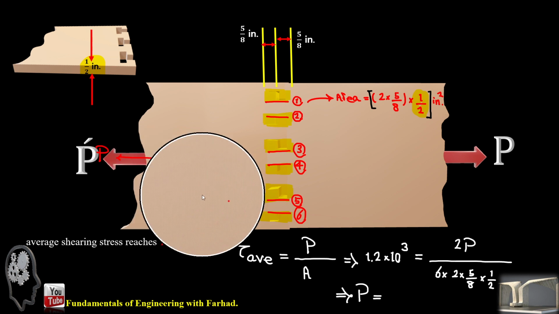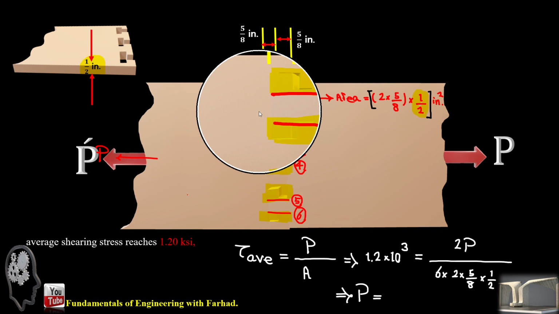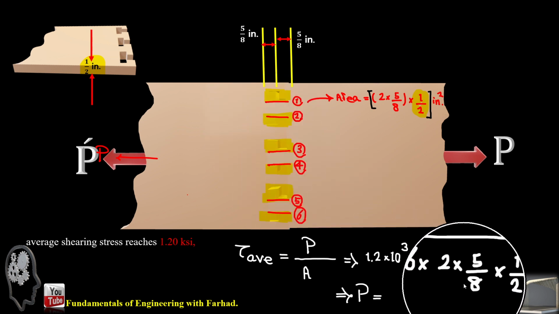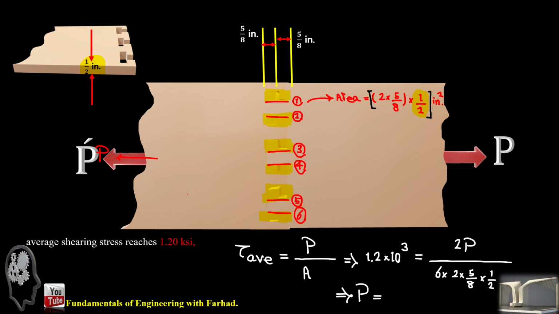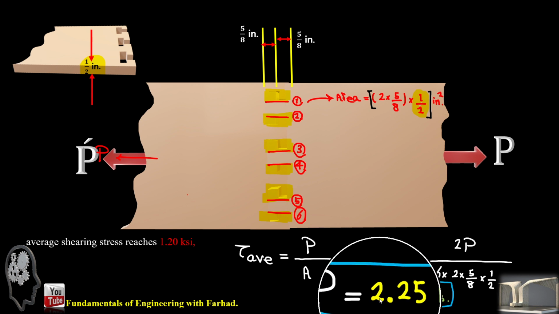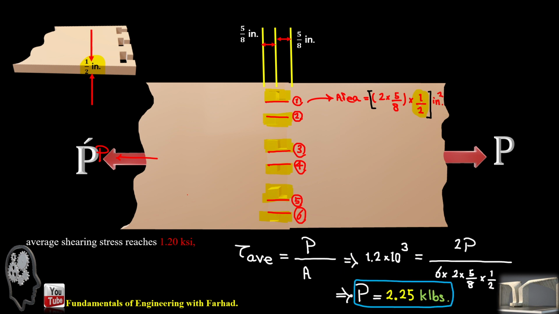That's why we have 2 times P over 6 of these cross-sectional areas, each of which is 2 times 5 over 8 times 1 over 2 in square inches. If you do the calculation, it gives you a tensile force equal to 5.25 kilopounds. An interesting problem.